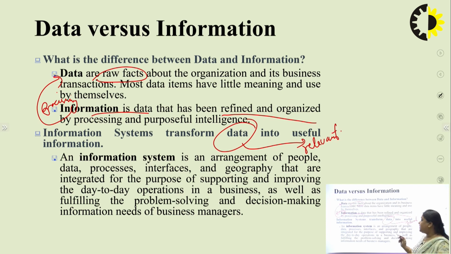An information system is an arrangement of people, data, processes, interfaces and geography that are integrated for the purpose of supporting and improving the day-to-day operations in a business, as well as fulfilling the problem solving and decision making information needs of business managers. So, what role does an information system play? It fulfills the purpose of supporting and improving the day-to-day operations in an organization.